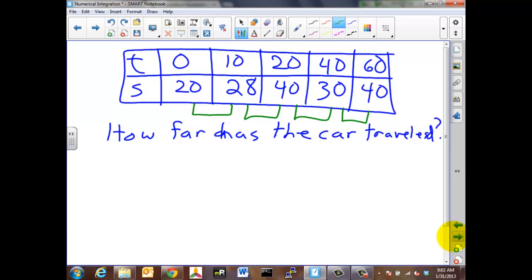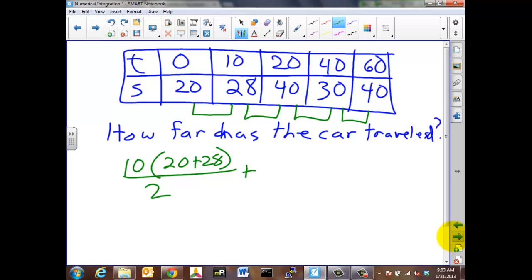And we've got to see each of those 4 as a trapezoid, okay? Each of those 4 is a trapezoid. How wide is this one? 10. What do I do with the 20 and the 28? They are the heights of it. 20 plus 28 divided by 2. Okay? That's for this first one.